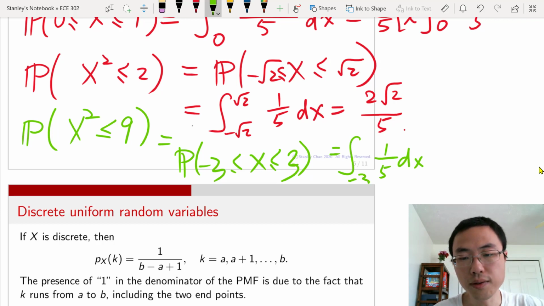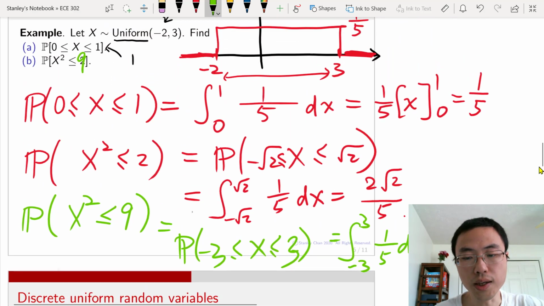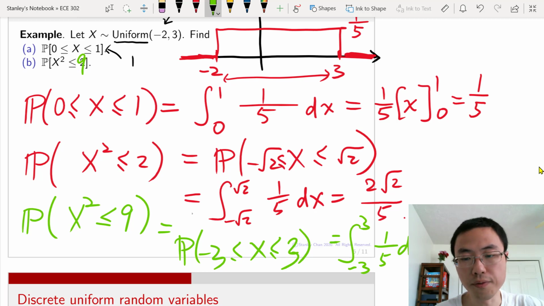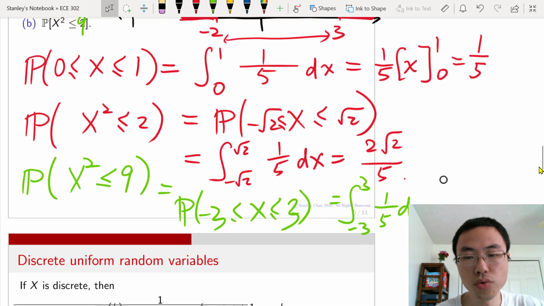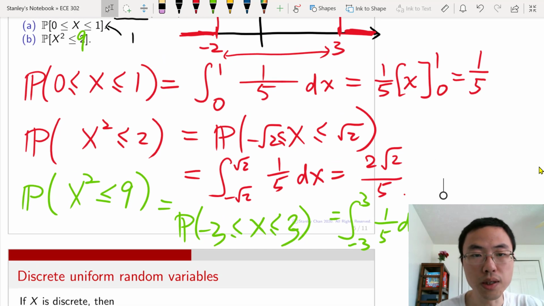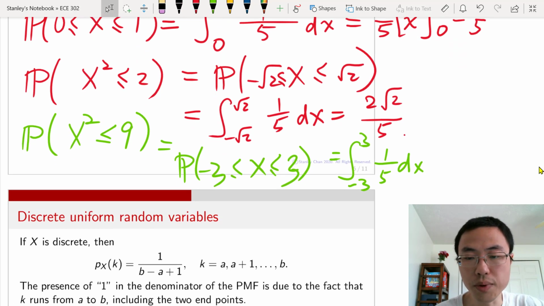If you write -3 to 3, that would be a problem because your x doesn't actually go from -3 to 3. Your x actually just goes from -2 to 3. So this probability should actually be from -2 all the way to 3, and you will get 1.